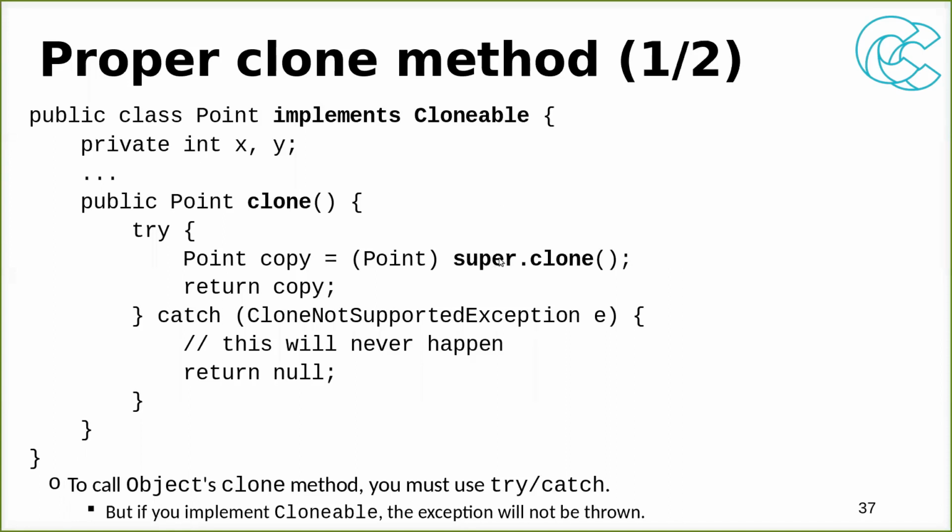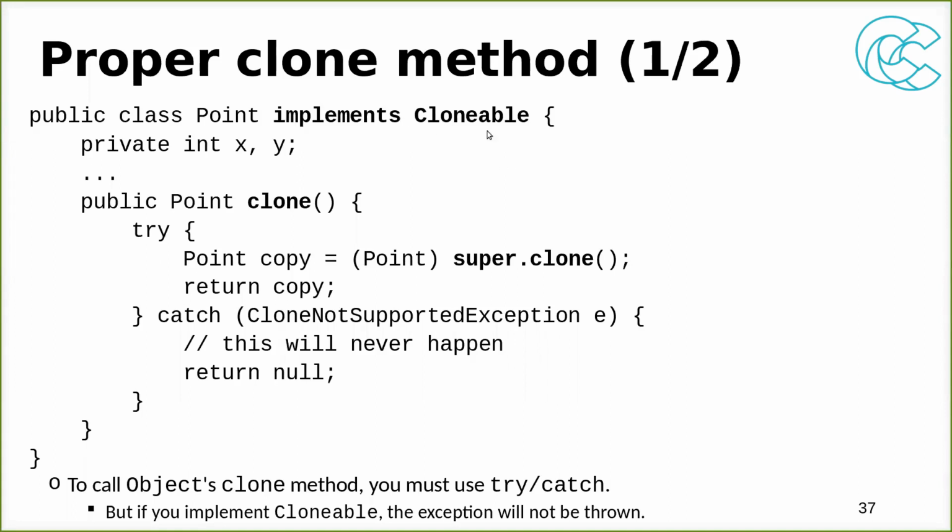First, super refers to Object, and whenever you call this, the first thing it will check is whether the object on which you are calling it, here the Point class, is implementing the Cloneable interface or not.